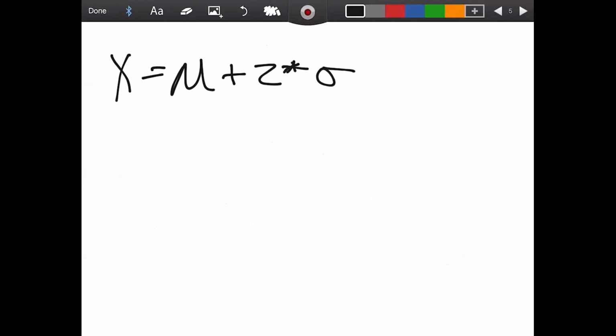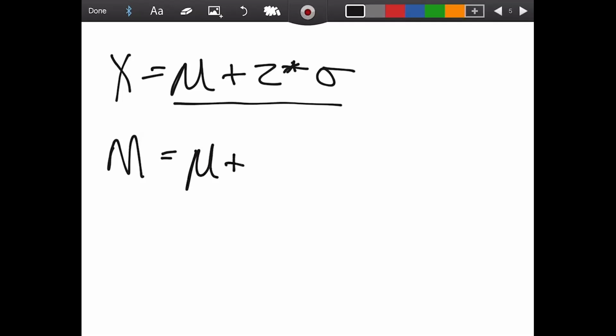So that's the equation we have used up to this point. Again, conceptually, nothing about the equation I'm about to show you is going to be any different. But now we're interested in the mean rather than x. The mean is going to be equal to that population mean plus the z-score times that standard error of the mean.